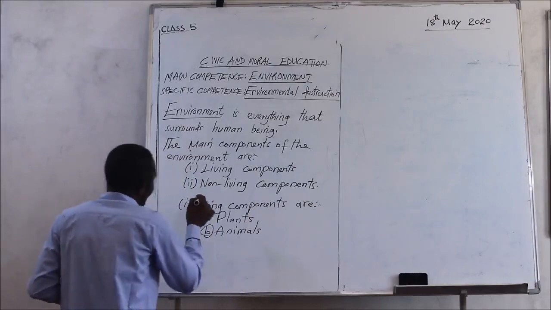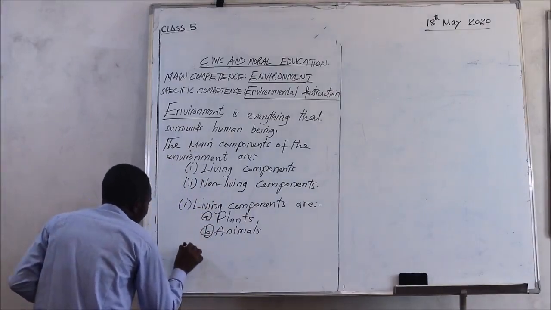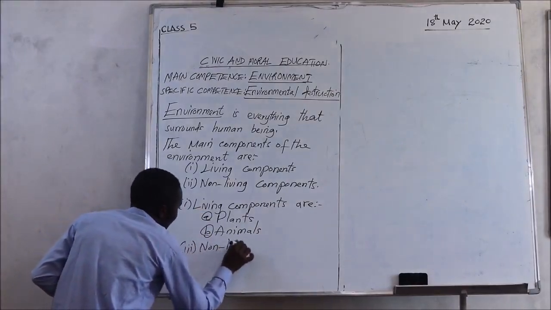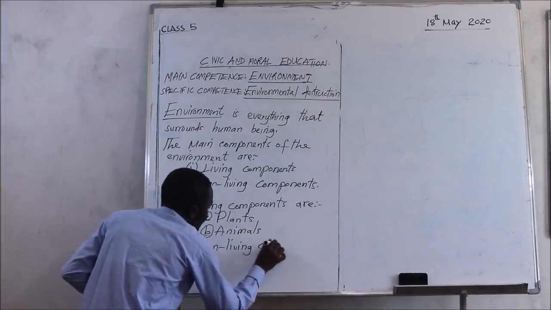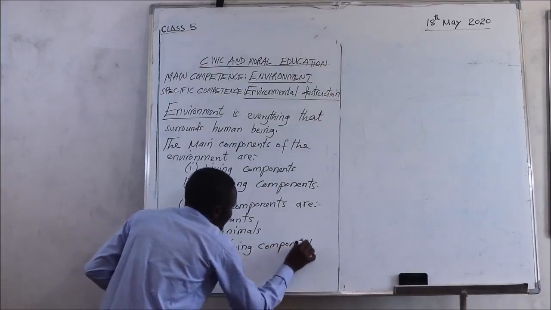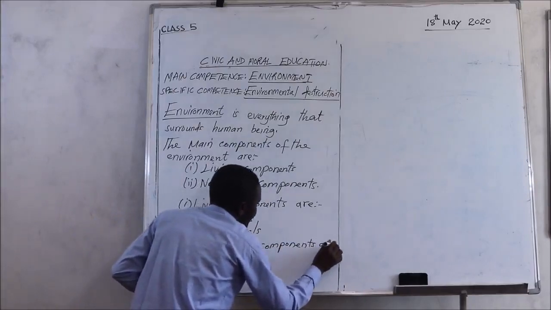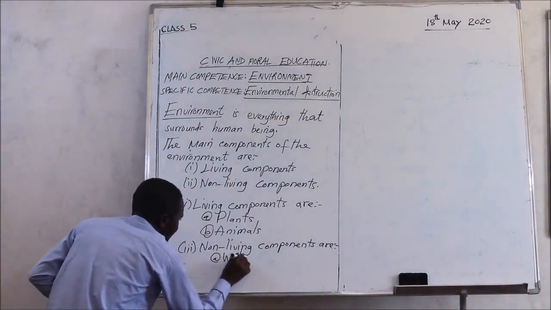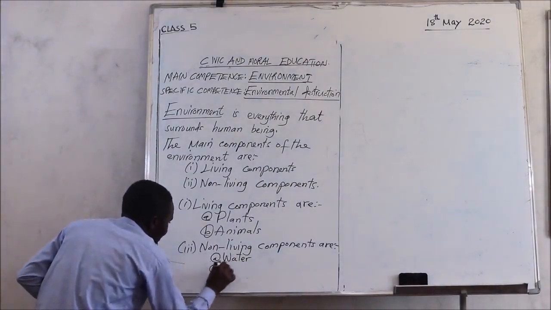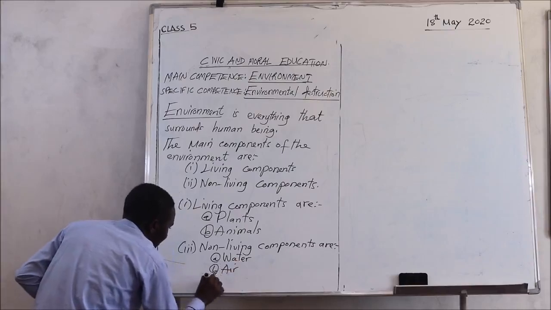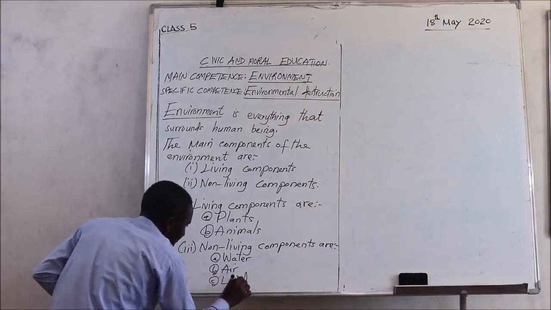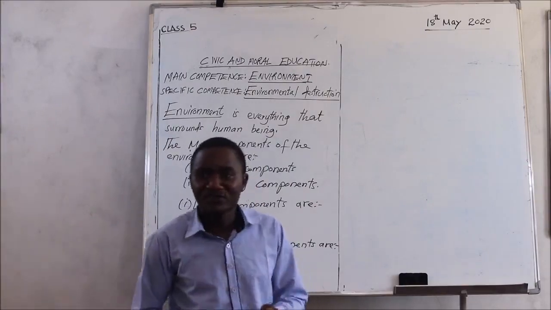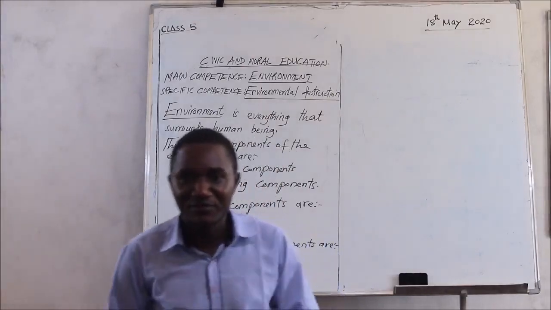For the case of non-living components, they are water, air, and land. Therefore, there are 5 components of the environment which are drawn from the main two components.